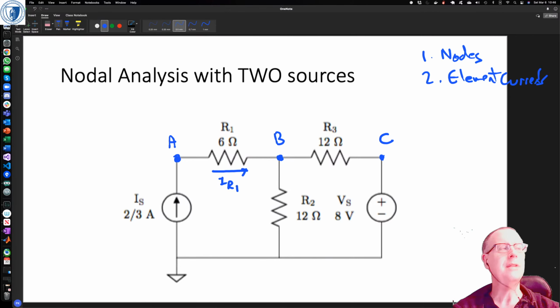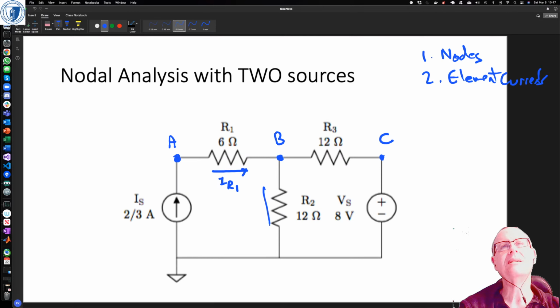You can choose whichever way you like. I have a habit of choosing the element current directions so that there's at least one node where all of the element currents flow into that node only. For this sort of circuit, I tend to define things like that.